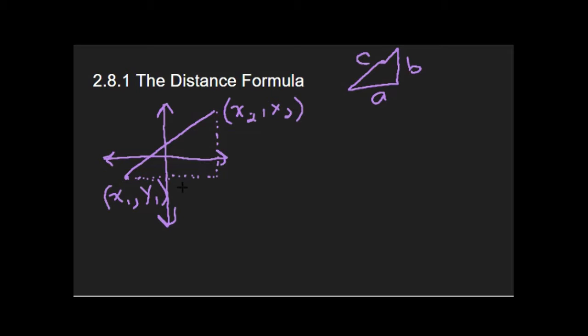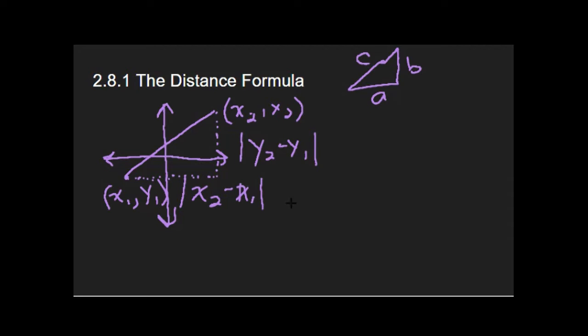So the length of this side is the absolute value of x2 minus x1, and the length of this side is the absolute value of y2 minus y1. And then using this and the Pythagorean theorem, we can find the distance from one endpoint of this line to the other endpoint of this line.